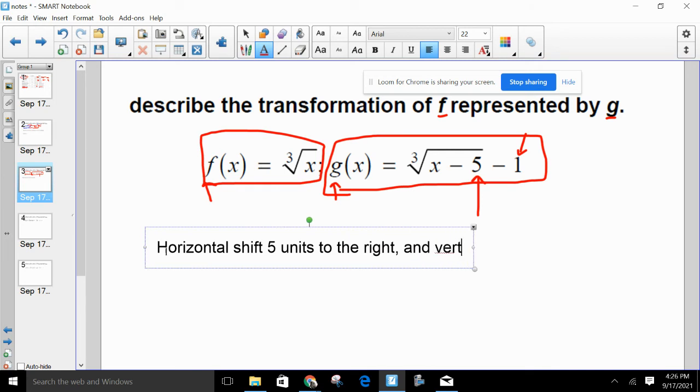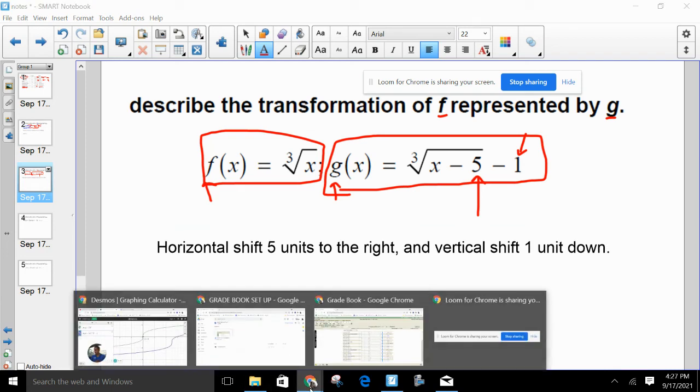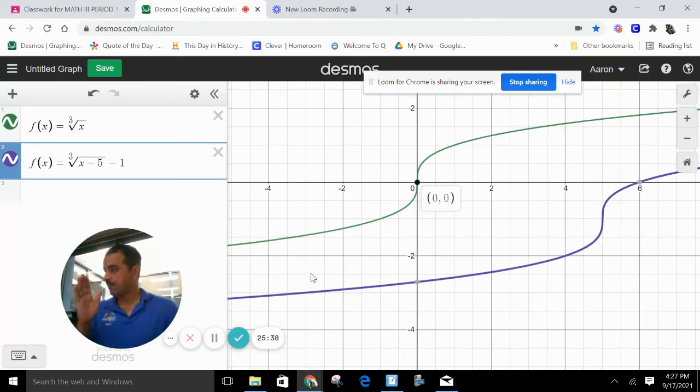And a vertical shift, 1 unit down. Done. And you see it right here. 5 units to the right, 1 unit down. From green to purple, 5 units to the right, 1 unit down.